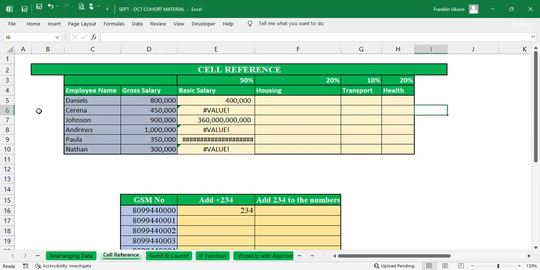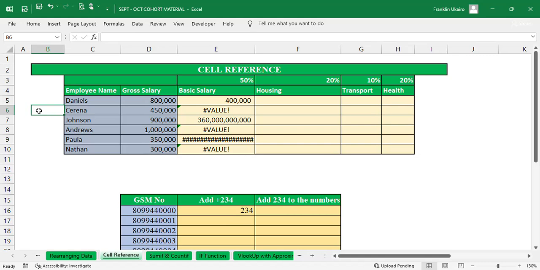Again, if I put the cursor here, I am now making reference to cell B6. So that's what cell reference is all about. It's the name given to a particular cell. We call it cell reference, or we call it cell address.